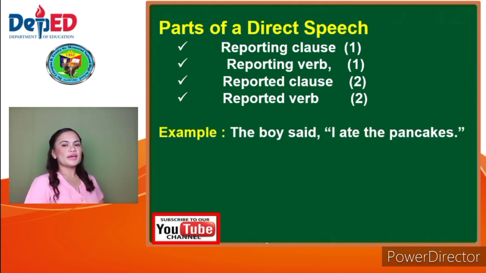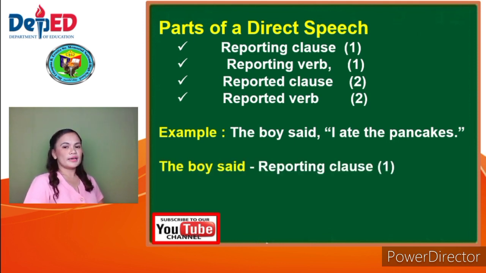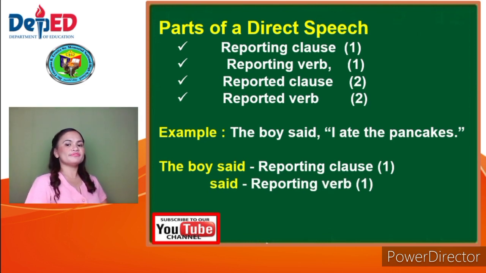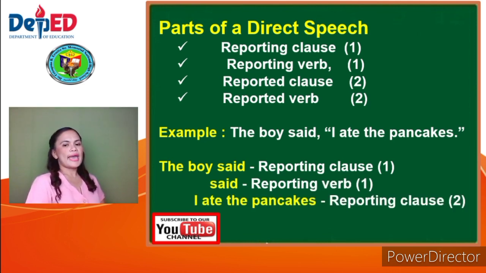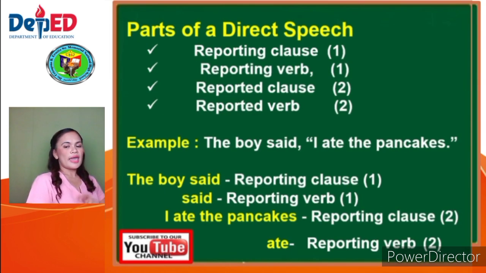Example: The boy said, "I ate the pancakes." "The boy said" is reporting clause 1, "said" is the reporting verb, and "I ate the pancakes" is reporting clause 2. In the direct speech, you will notice that there are two clauses: the introductory part and the exact words of the speaker.